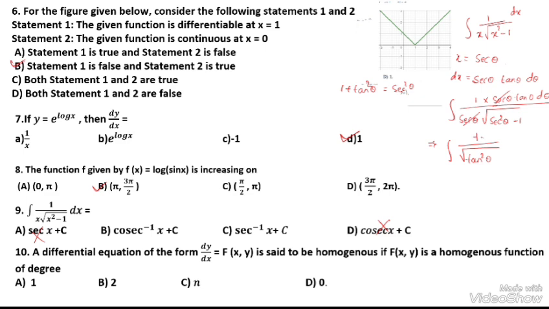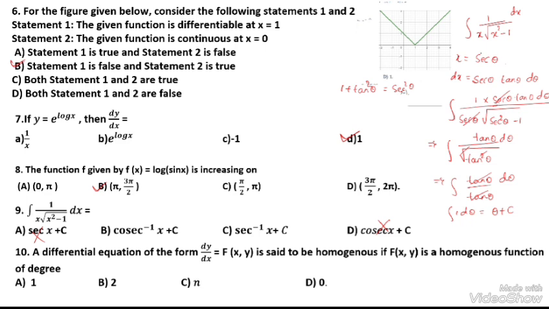Here above there is tan theta. The square gets cancelled. We have tan theta divided by tan theta d theta. Tan gets cancelled. Then integration of 1 d theta is equal to theta plus c.